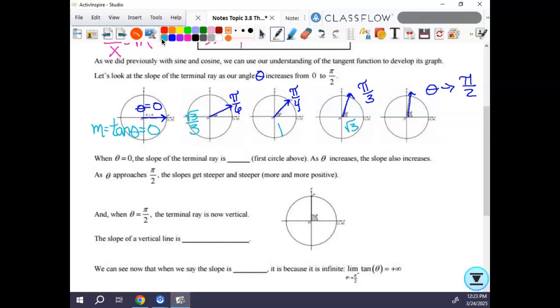They're increasing. Would you agree with that? It's going to keep on increasing, increasing, and then we get a vertical line. What is the tangent value of pi halves? Undefined. And it's undefined because we are approaching infinity. It's getting bigger and bigger and bigger.